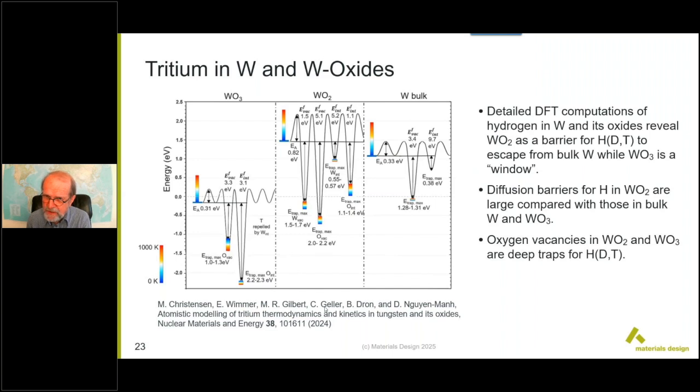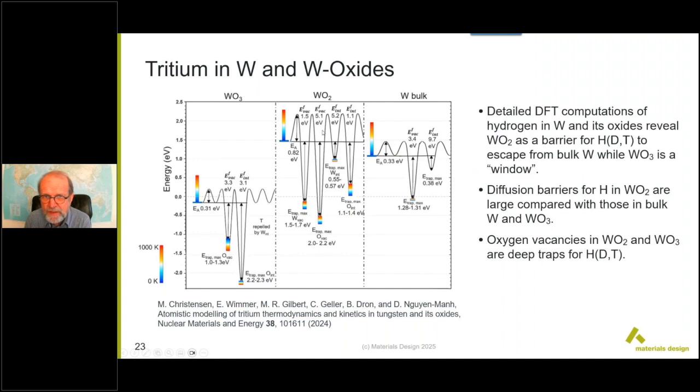Will these oxide layers keep the tritium inside the tile, or will they act as a window facilitating the release? To this end, we have carried out systematic calculations of the binding energy of tritium in bulk tungsten, in the interstitial sites, in vacancy sites as traps, in the WO2 oxide, and WO3.